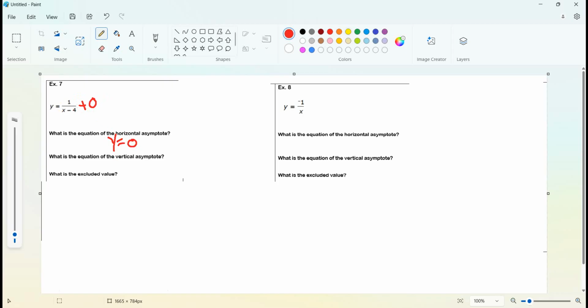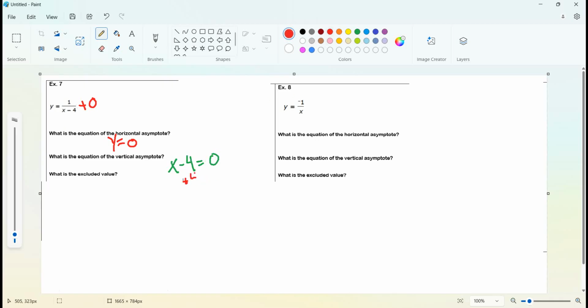The vertical asymptote is going to be found in the denominator. What number could you plug in for x that's going to zero that out? Well, obviously it's a 4, because 4 minus 4 equals 0. But if it's a more difficult problem, you can always just set it to 0 and solve it.